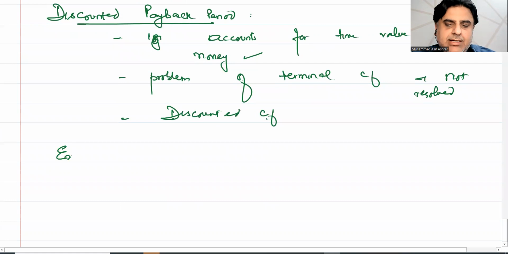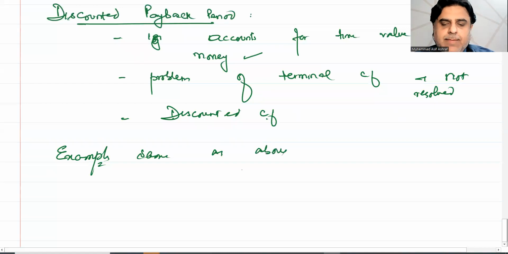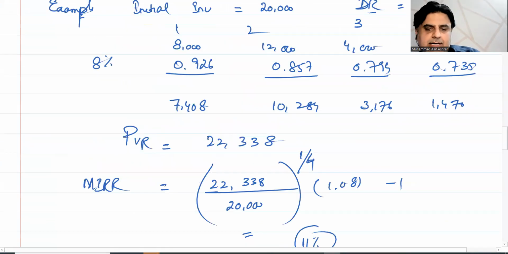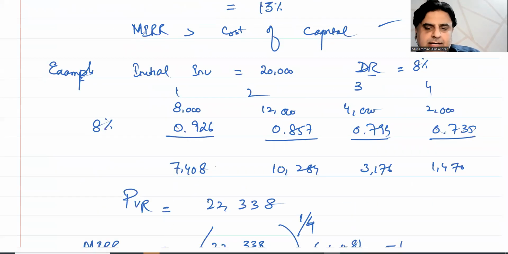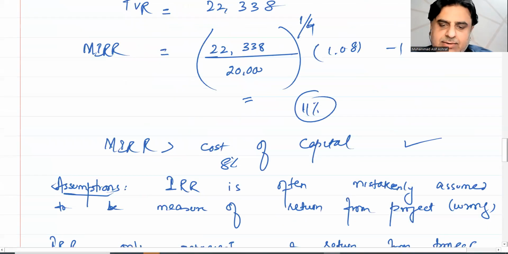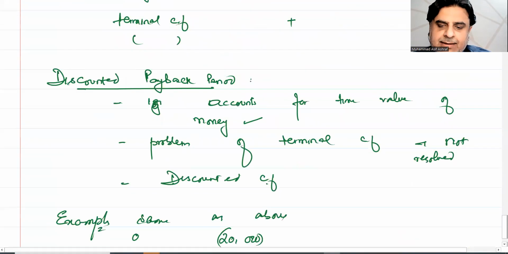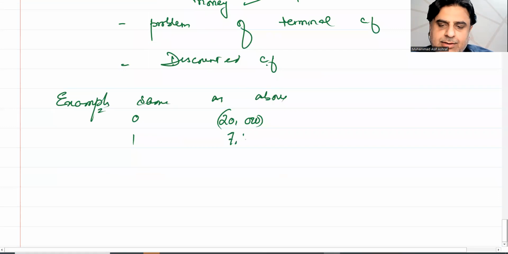For example, same example, consider in year 0 you invested 20,000. In year 1, what amount you recovered? 7408. You are left with 12592.